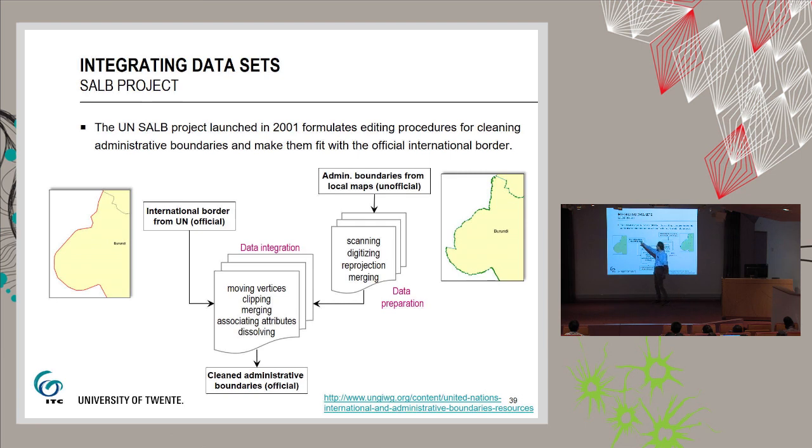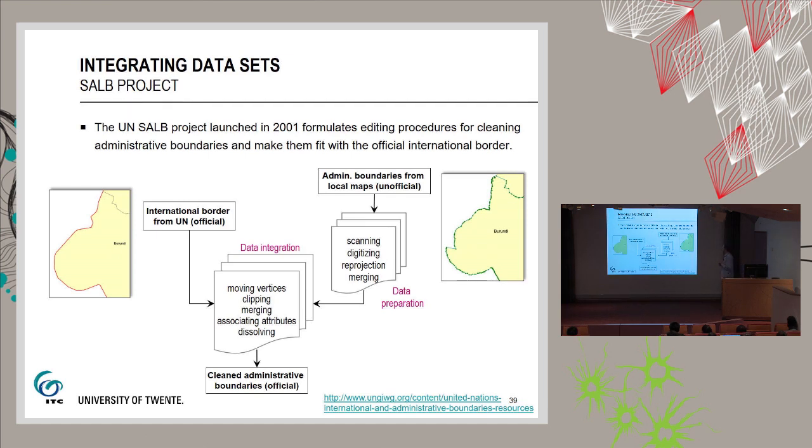This is an official UN border. And they compared it with the current administrative boundaries. And then they noticed that they didn't match. The legal boundary did not match with the administrative boundaries, because they captured it in different ways, from different sources. So they had to find a procedure to clean up the administrative boundaries.